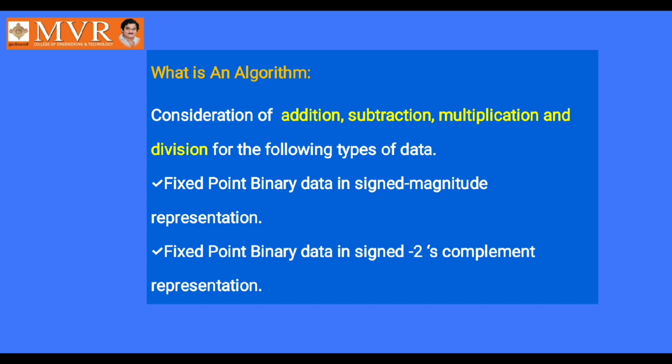But that solution is in terms of a finite number of well-defined procedural steps. I am repeating, any problem we have for which there is a solution, that solution is defined or stated by a finite number of well-defined procedural steps. Then it is called an algorithm.